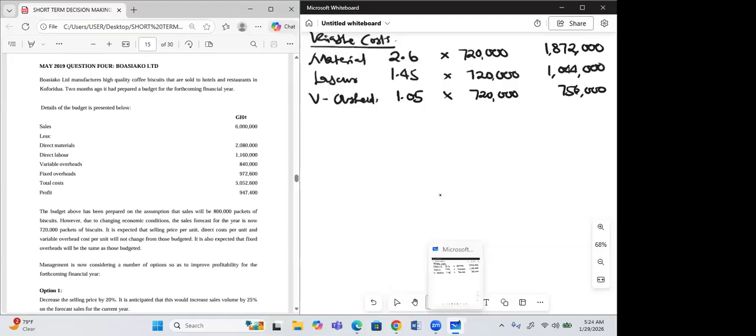So sum all the variable costs. What are you getting for the total variable cost?